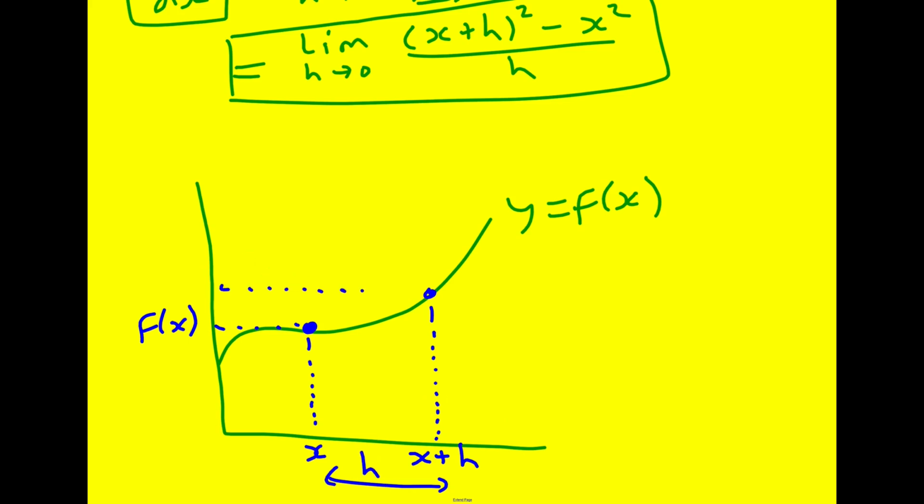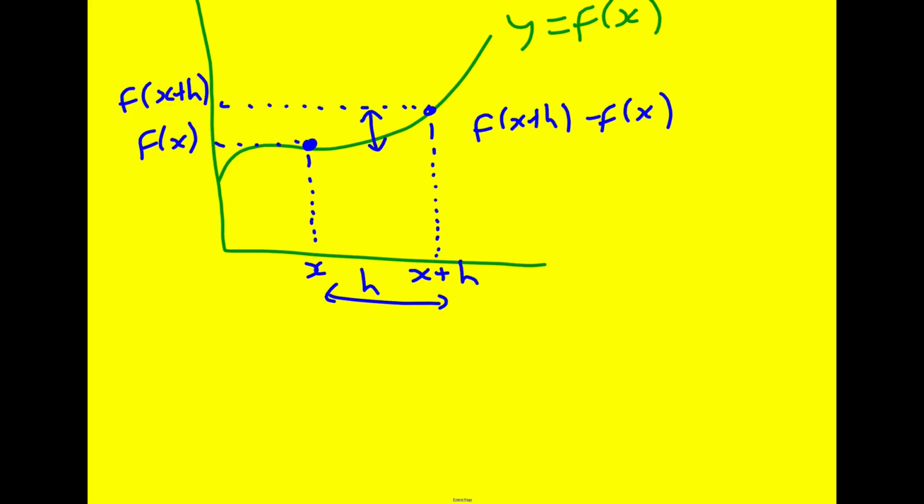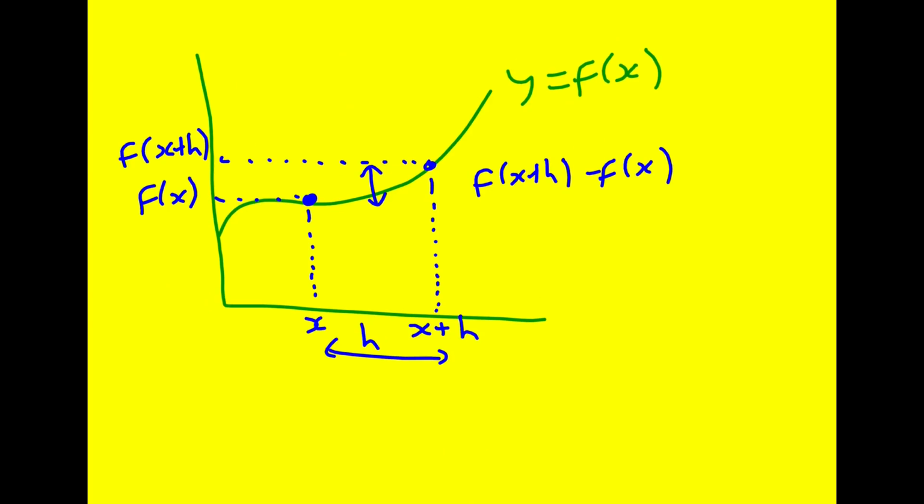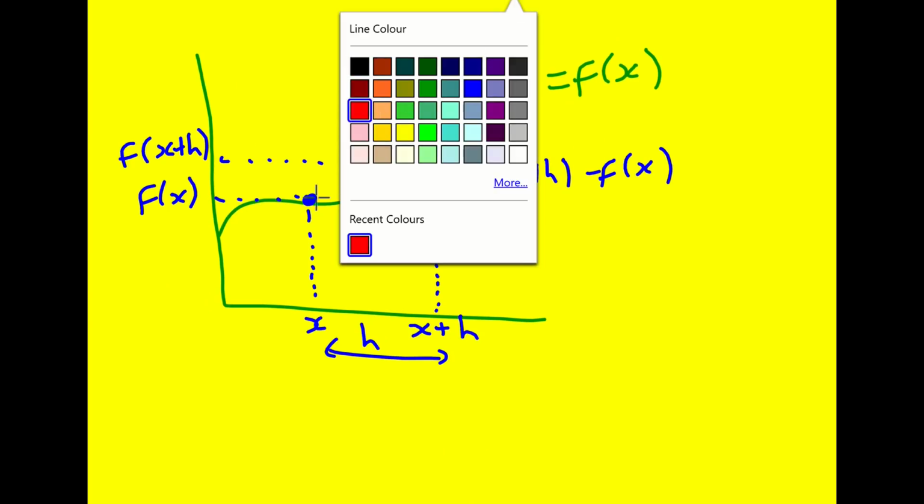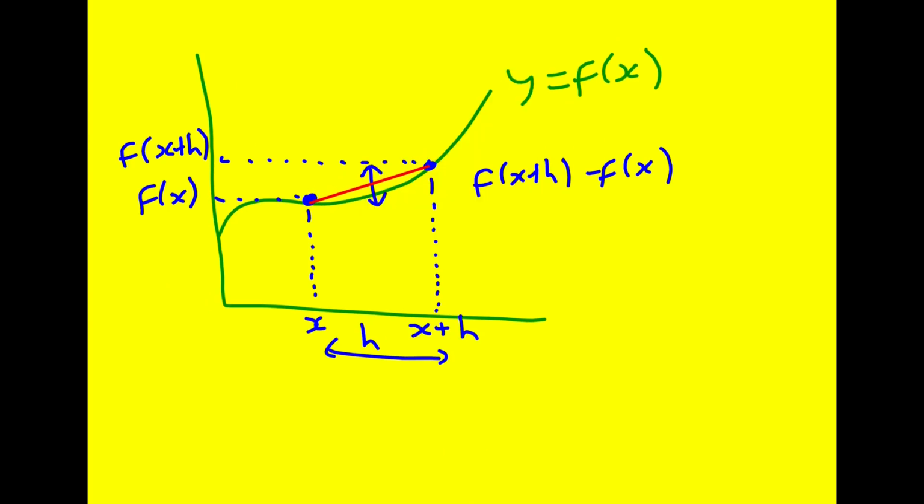Now, what's the function going to be at that point? Well, it's going to be f of x plus h. I don't know any more than that. But my rise is going to be f of x plus h minus f of x. Hopefully you're with me so far, because remember, I'm finding, sorry, I didn't draw this on, but I'm finding the gradient of this chord.